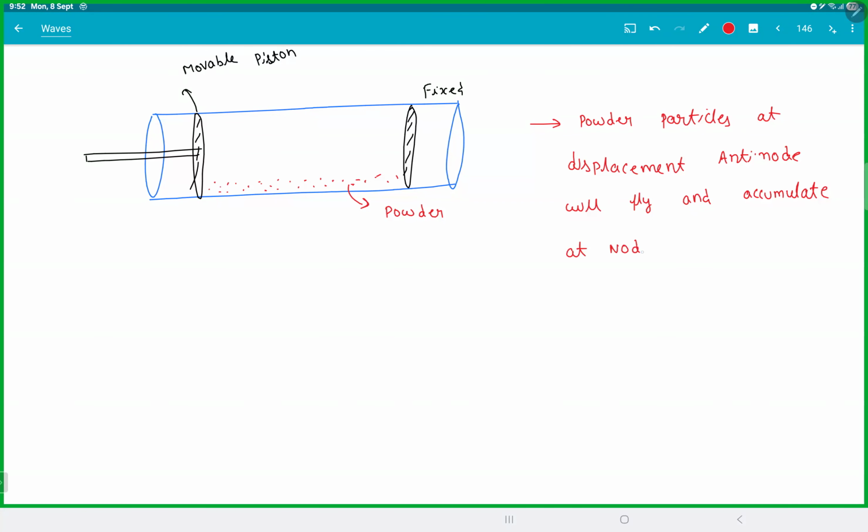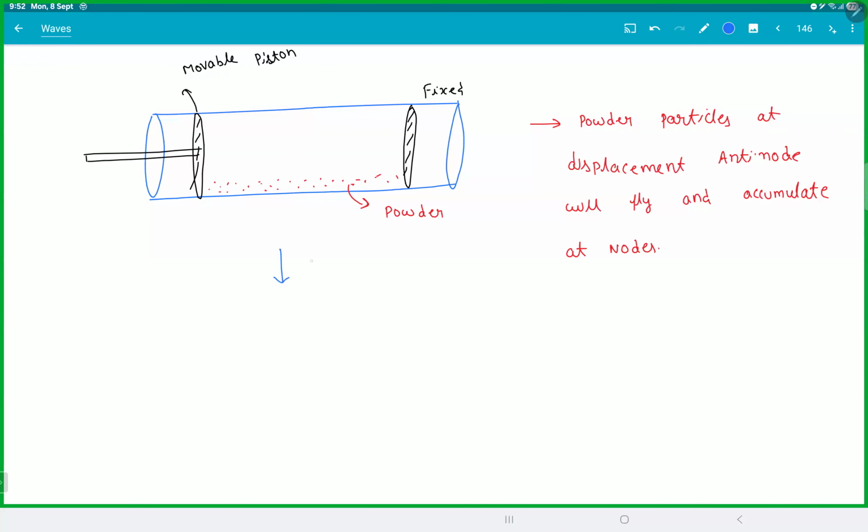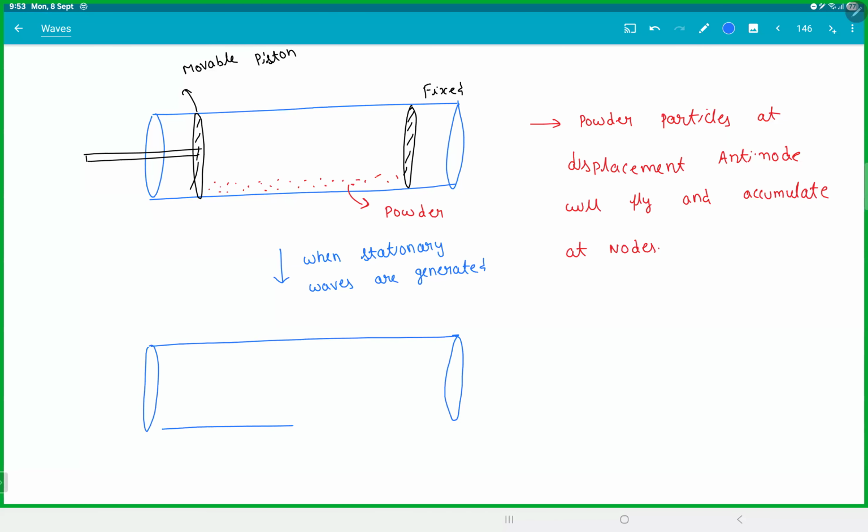That means when you generate stationary waves, this is how the picture would look.